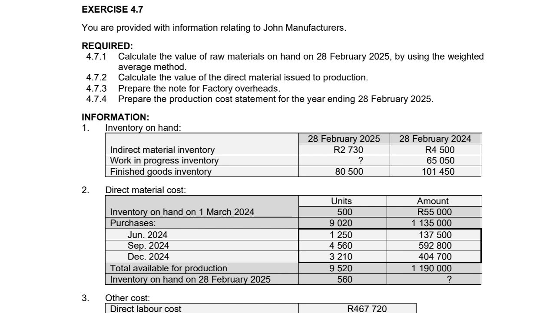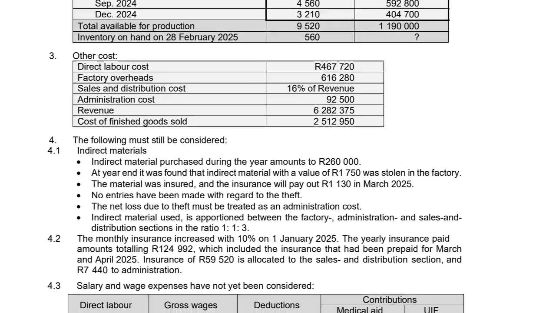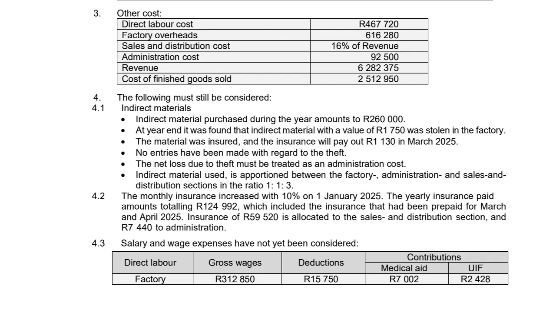At the beginning of the year we need to calculate. Then information 3, other costs: direct labor costs, factory overheads, sales and distribution costs of 16% of revenue, administration costs, revenue, and cost of finished goods sold.